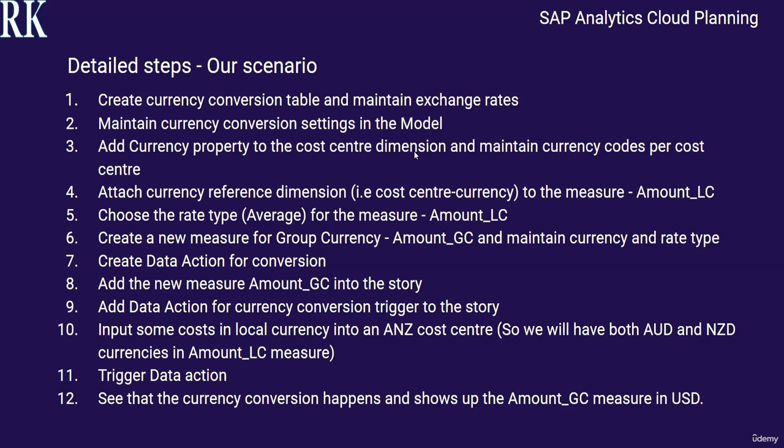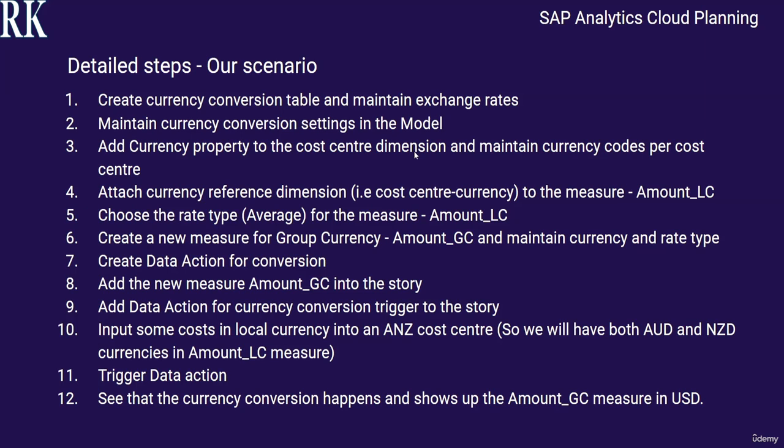For all the expense and income accounts, we use the average rate type, and for the balance sheet accounts, we generally use the closing rate type. So we need to select whether it's going to be average rates or closing rates, the exchange rates we are talking about here. And then we'll create a new measure for the group currency, that is, to store the amount in group currency, and maintain currency and rate type. There also we'll have to maintain the currency and the rate type.